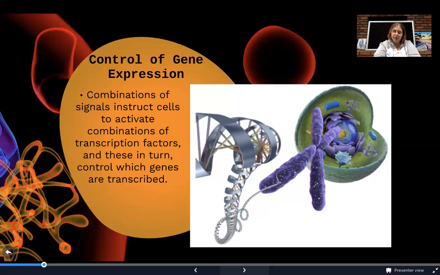Then the transcription factors determine the gene that is going to be transcribed and thus the protein that is going to be made. So there's a lot going on in this. Each different combination of signals and transcription factors is going to lead to a different result. There are too many for us to talk about in this class, but it's kind of crazy how complex it is, and also kind of cool if you ask me.